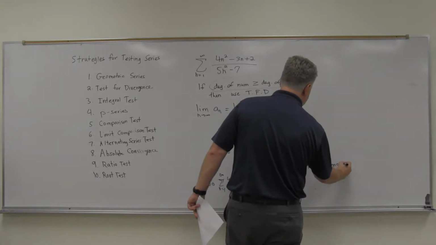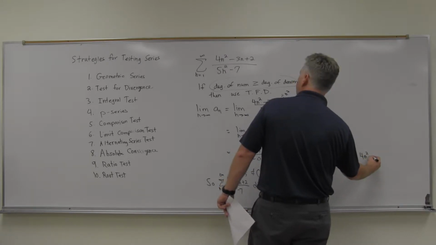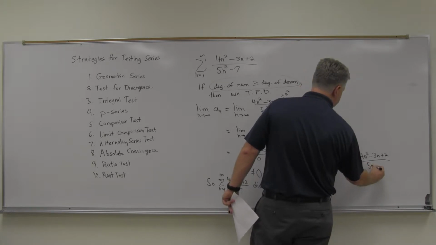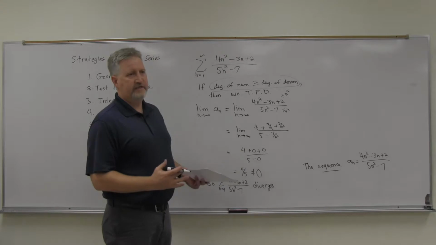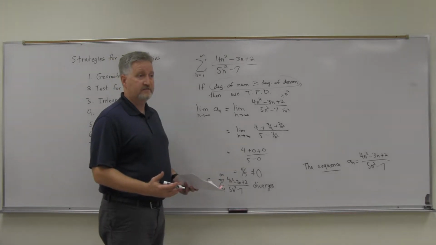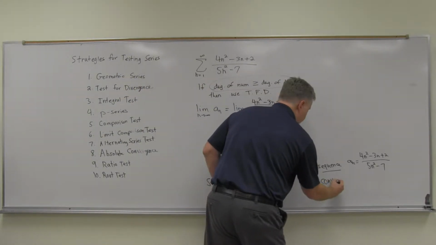If I just talk about the sequence, a sub n equals (4n squared minus 3n plus 2) over (5n squared minus 7), if I just talk about that sequence without putting it in a series, that sequence converges, doesn't it? It converges to 4/5.